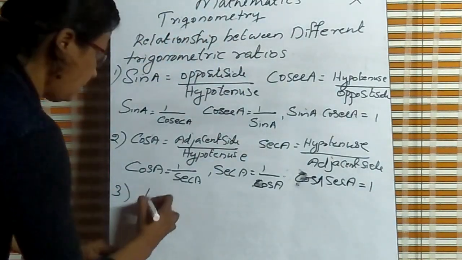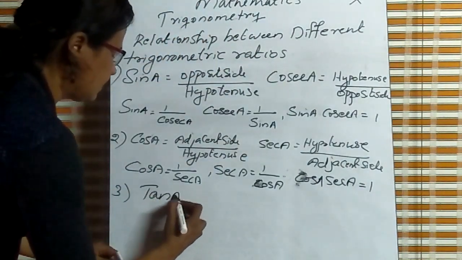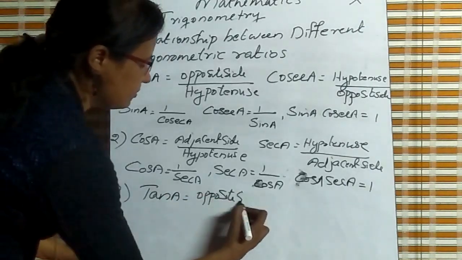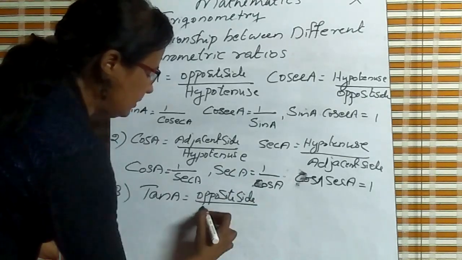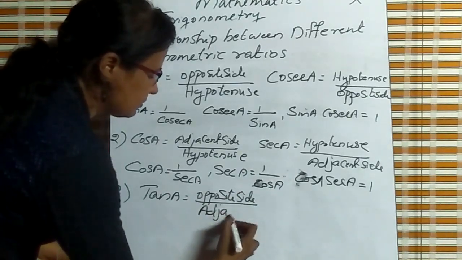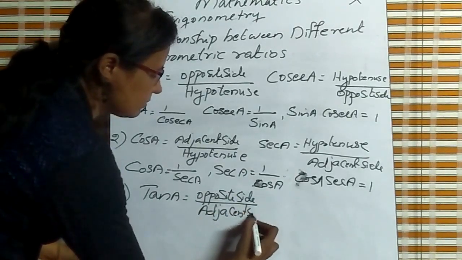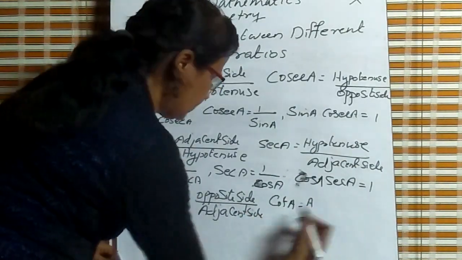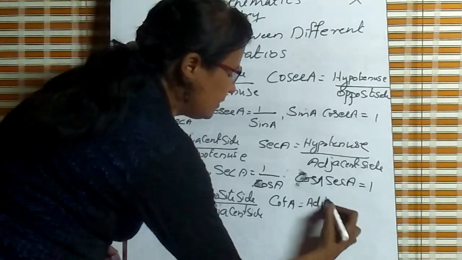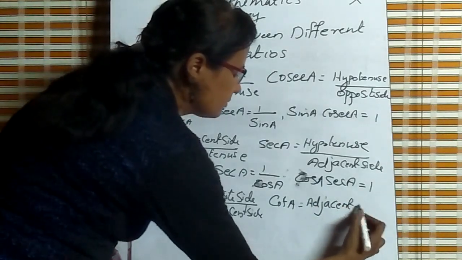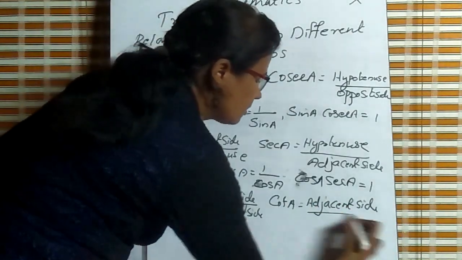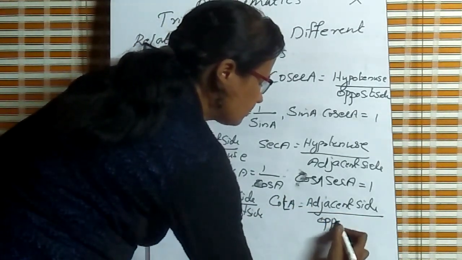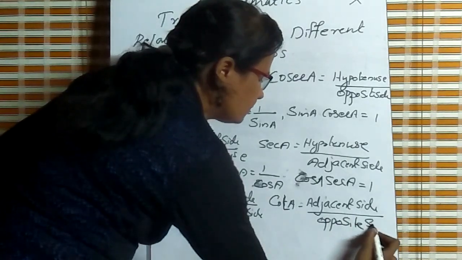Then third, tan A is equal to opposite side by adjacent side. Cot A is its reciprocal, adjacent side by opposite side.